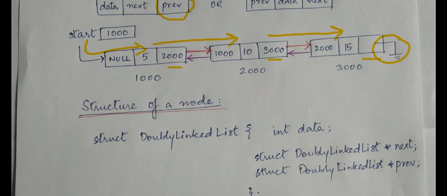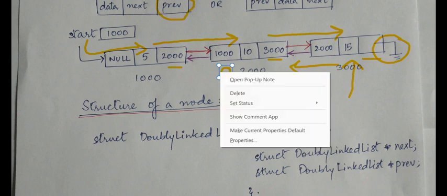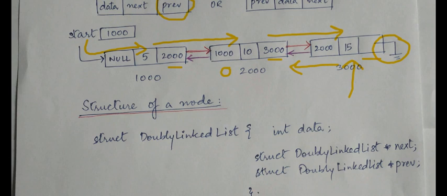Now if you are at 15 somehow, you can also go backwards because you have the address 2000, and that is pointing to the previous node. Similarly, from the 2000 node you have the address 1000 in the previous pointer, so you can go backwards to the previous node.